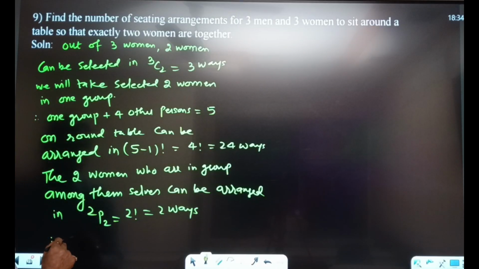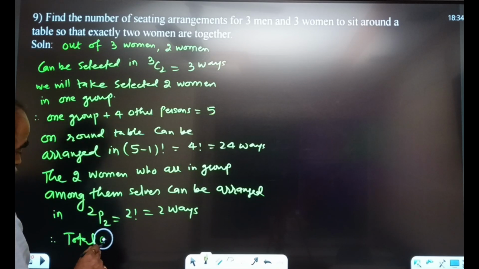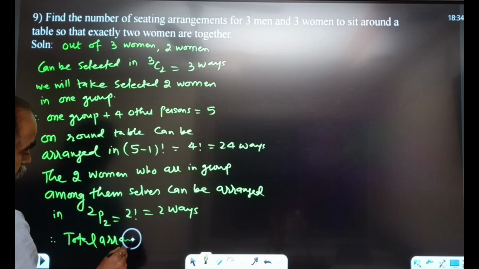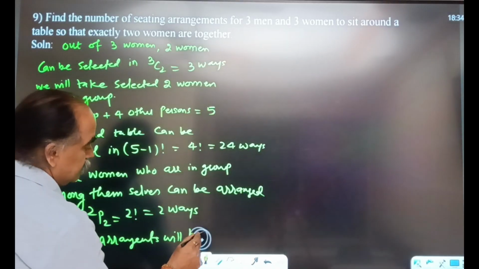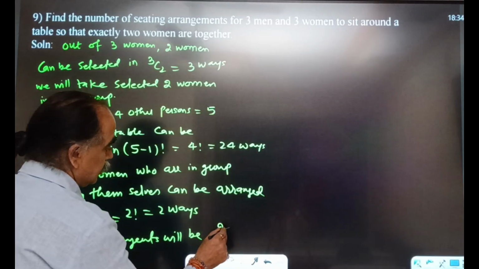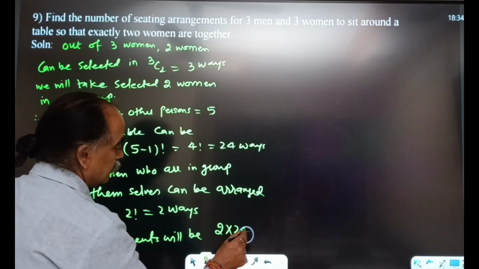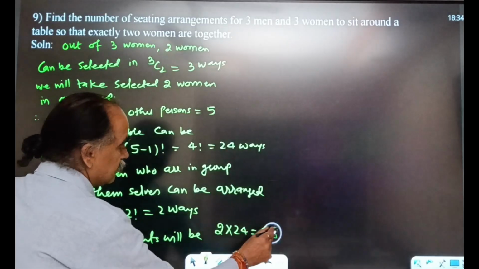Therefore, total arrangements will be 2 into 24, 48.